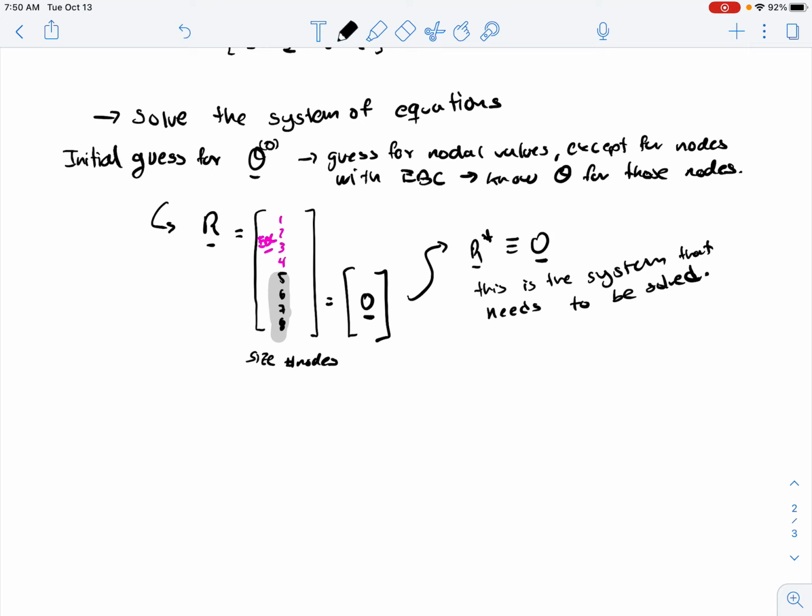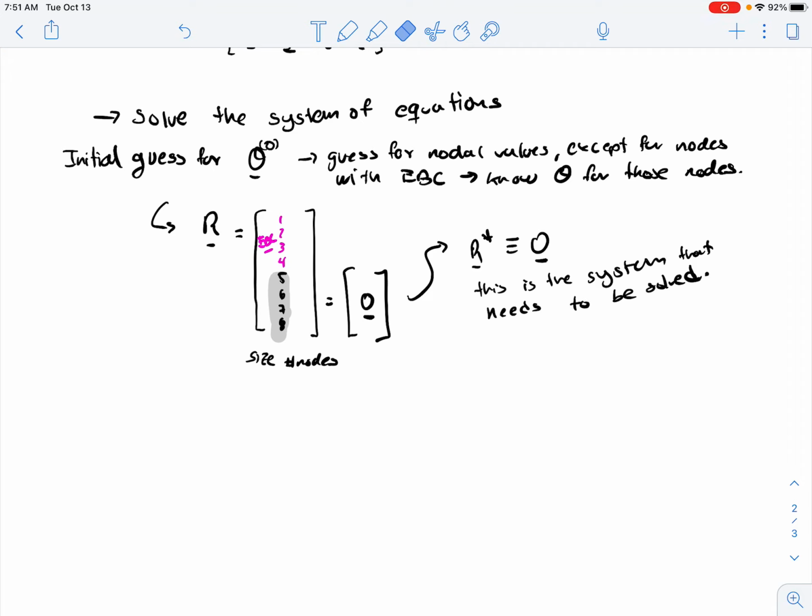So if you go back to your residual, and let's say that we order them, this is when it is helpful to have the nodes numbered such that the first nodes are the ones with essential boundary conditions. So here, this global residual is size number of nodes. And like I said, the residual has to be zero, but only for the nodes that don't have essential boundary conditions.